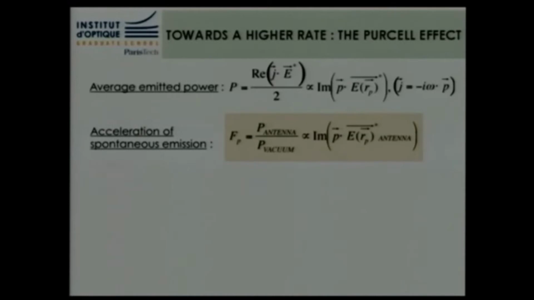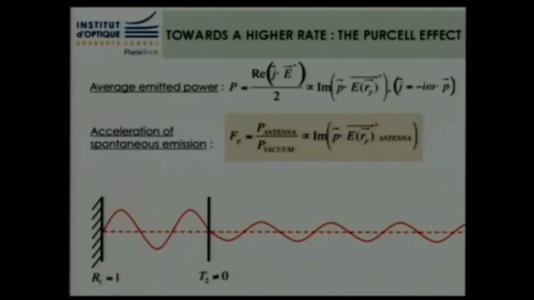And so to understand this equation, let's consider a one-dimension cavity, which is constituted of a perfect mirror and a mirror that can transmit a part of the energy. So a standing wave may exist for some thickness of this cavity.